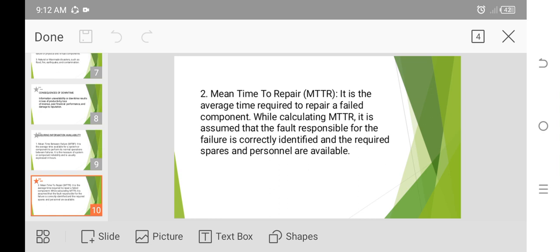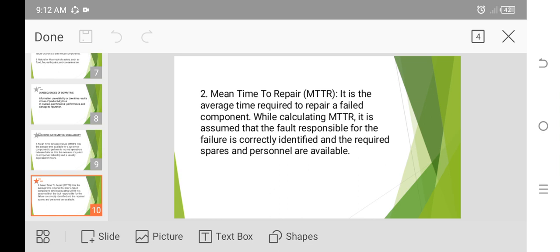So the second one is the mean time to repair or MTTR. Mean time to repair, or MTTR, is the average time required to repair a failed component. While calculating MTTR, it is assumed that the fault responsible for the failure is correctly identified and the required spares and personnel are available.